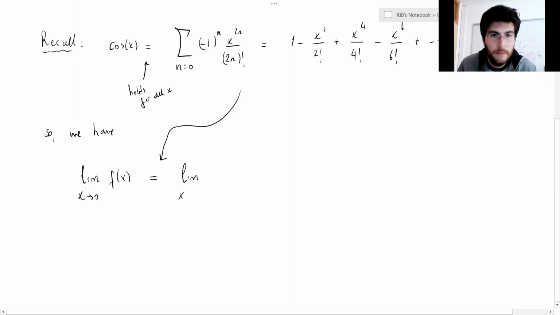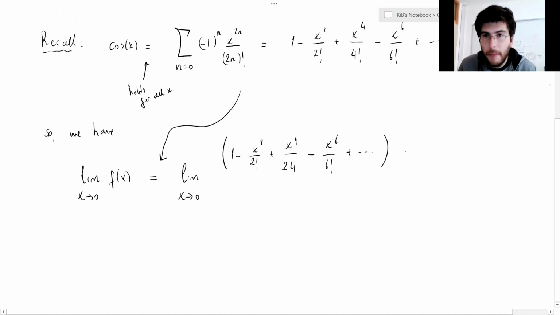Instead of cosine, let me write down a couple of terms. We have this infinite series: x to the 4 over 4 factorial, minus x to the 6 over 6 factorial, and it goes like this. You have an infinite series here, minus the other terms, plus x squared over 2 minus x to the 4, because these are given. And we are almost done, divided by x to the 6.